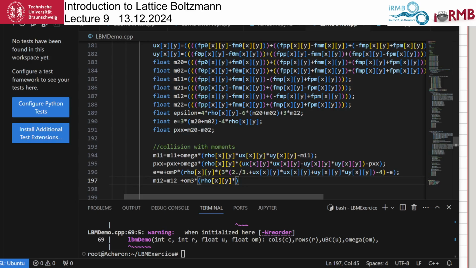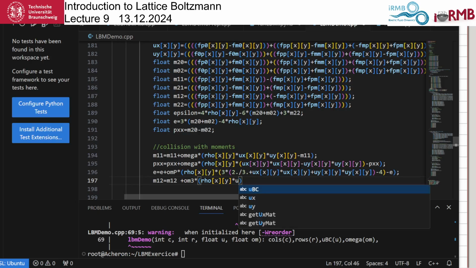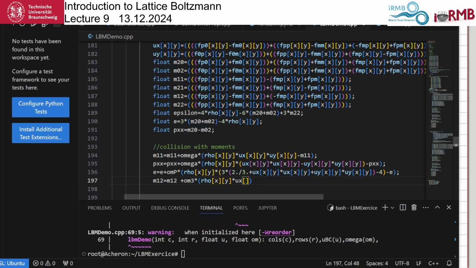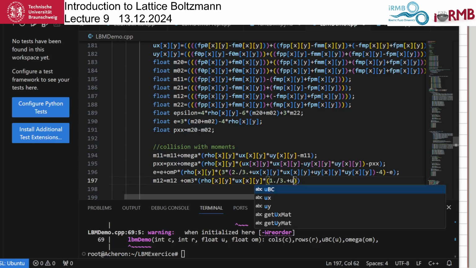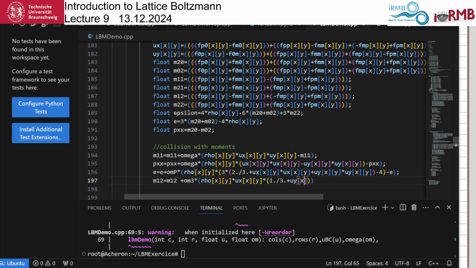The one for M10 is obviously ux, and the one for M02 is what we just had, 1/3 plus uy, times itself.